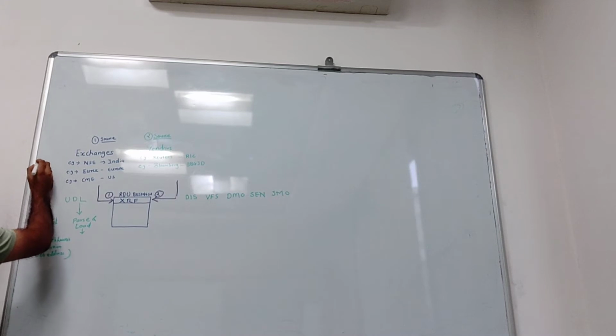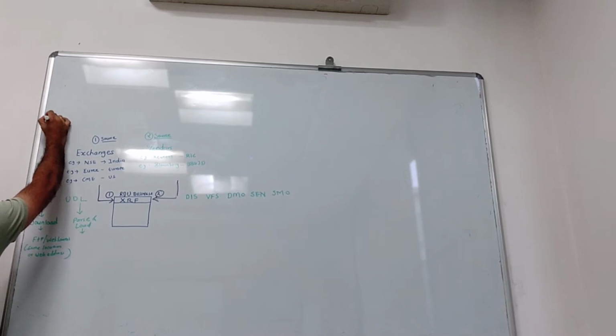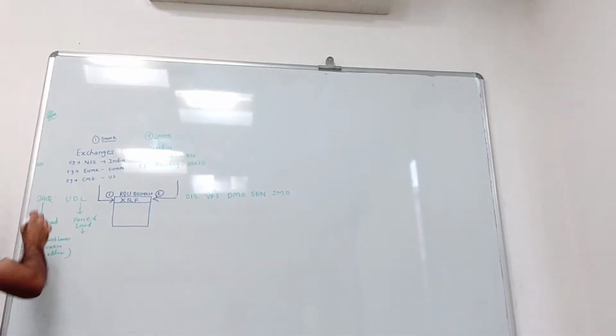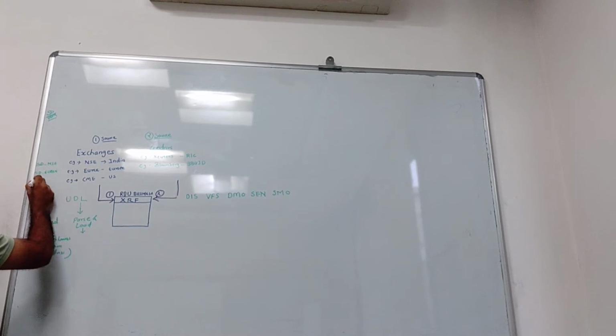In our system we have SD schemas, I'm just writing over here, and UDM schema. In SD schema, I've created SD NSE, SD Eurex, SD CME.